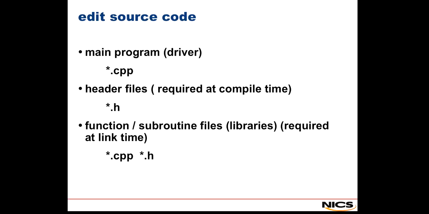Usually you put it in a file ending with .cpp. And then you might have a bunch of header files, which you will put in files named something .h. And these files, usually they are required at compile time.